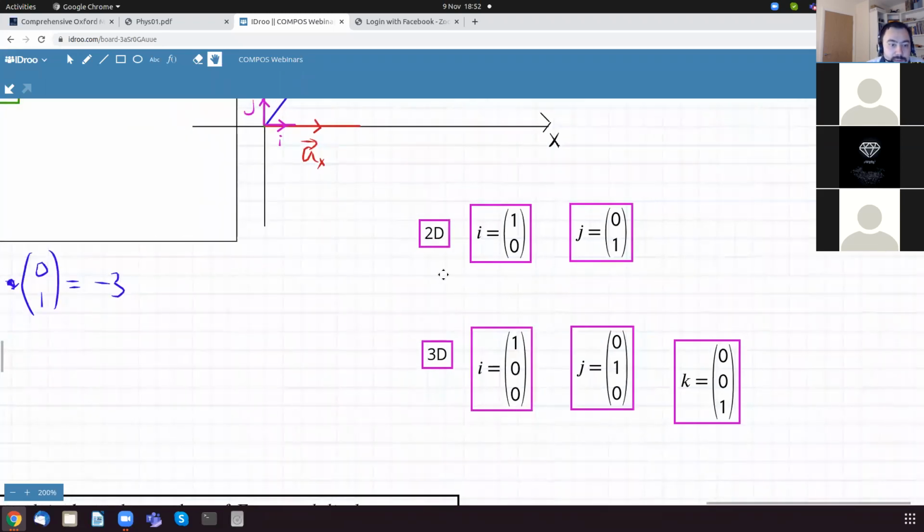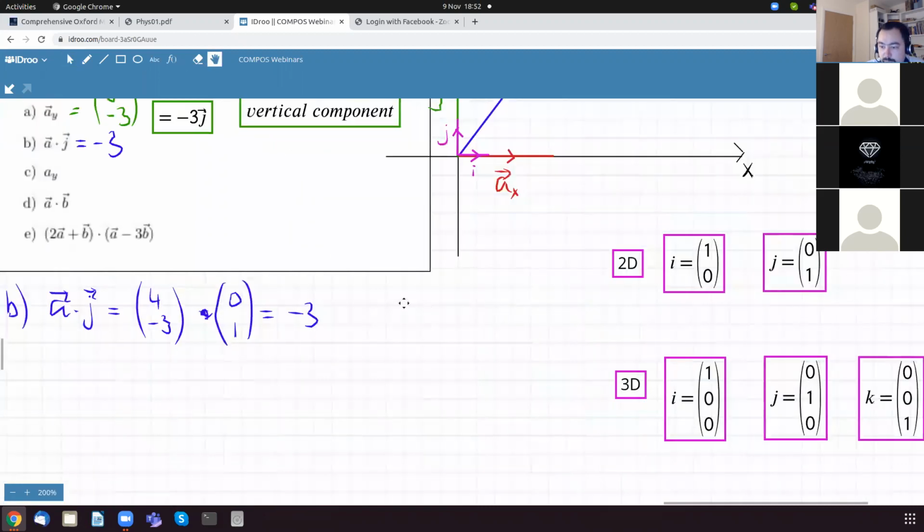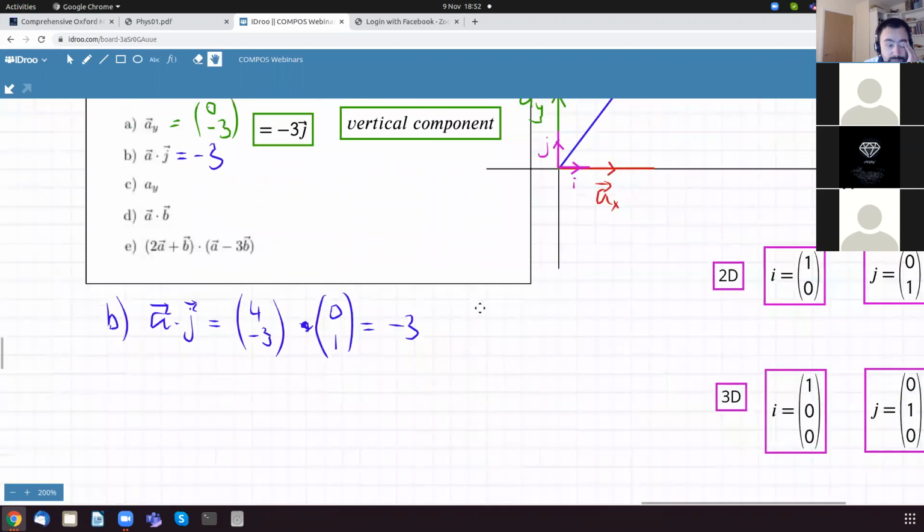It's by definition: i is always along x, and j is always along y.